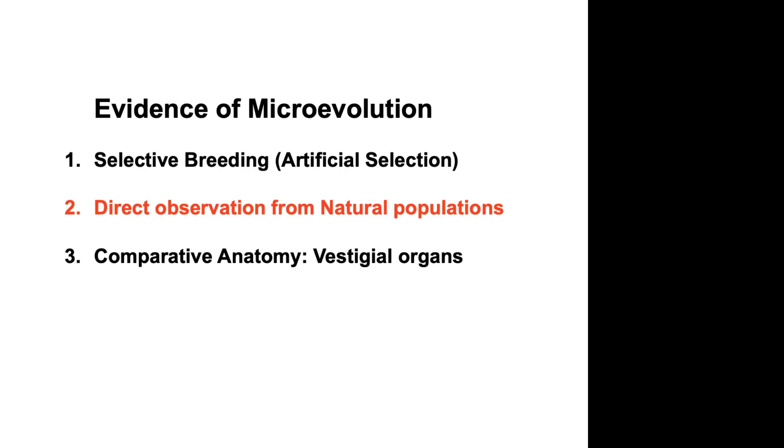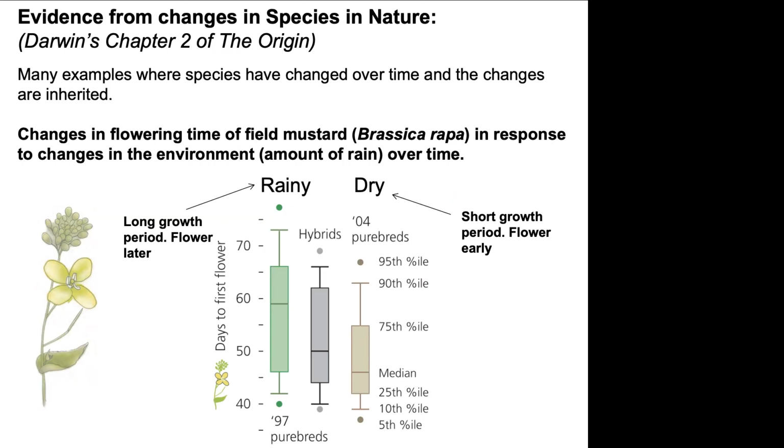So the second part of this is direct observation of microevolution from natural populations. The first example, which is in Darwin's chapter 2, talks about the inherited changes in field mustard, Brassica rapa, in response to changes in the environment.